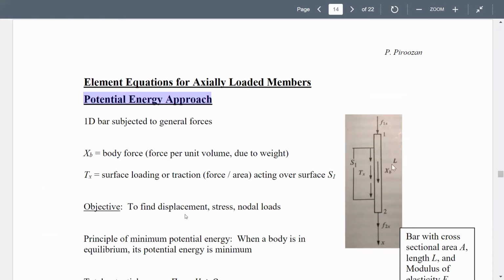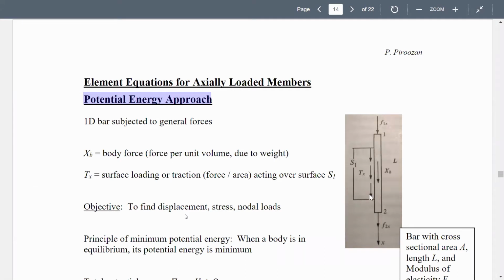Another type of force is this one called X sub B, body force. This is force per unit volume. This is for the case where we want to include the weight of this structure. If we use the density, it is force per unit volume, called body force.